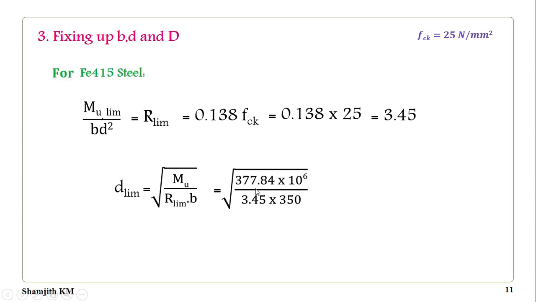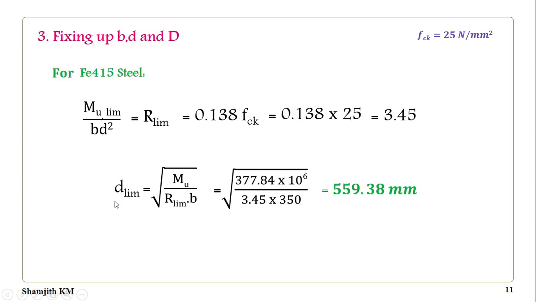We get 377.84 into 10 raised to 6, because b is in mm, so we should convert this kilonewton meter to Newton mm for the correct unit in both numerator and denominator. So we will be getting 559.38 mm as the minimum effective depth.